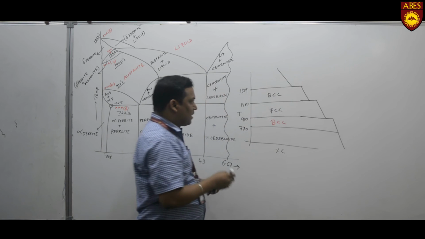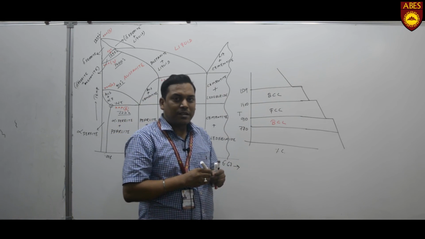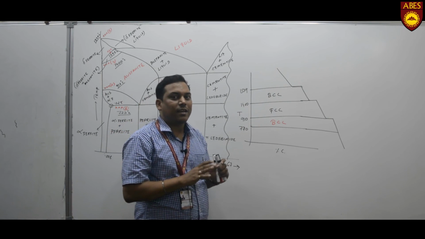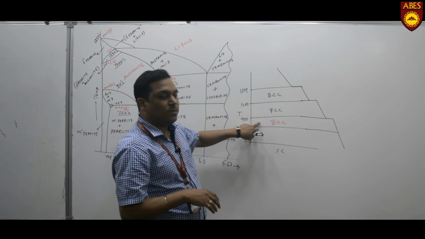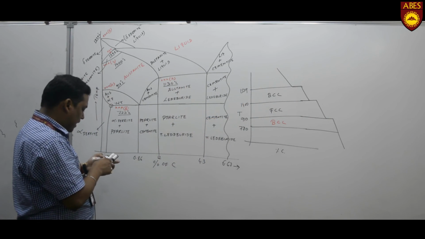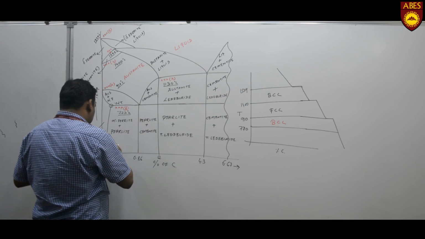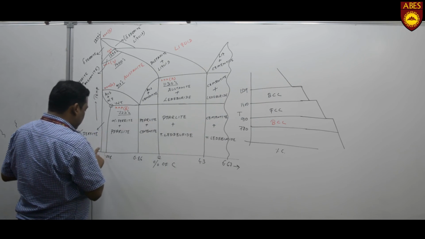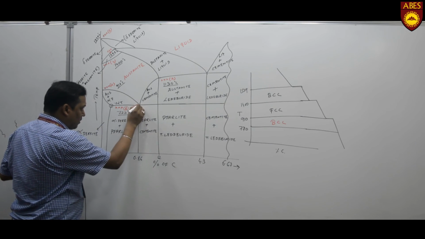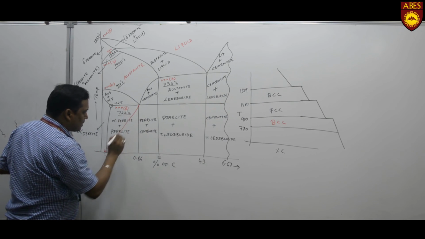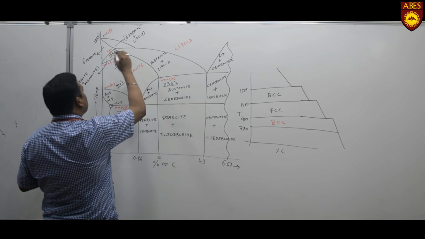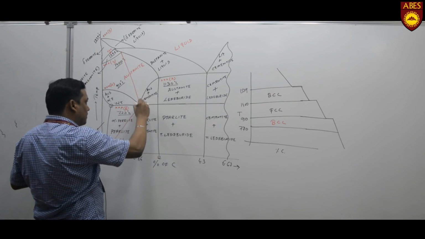After 1539 degrees centigrade, when the metal is heated, the metal melts and no structure is stabilized at that time. So first of all, this is BCC, next is FCC, then again BCC. In this formation, we can write it that way. If we take the temperature as 723 degrees centigrade, below this we can draw the structure, this is the BCC, then again at 1400 degrees centigrade, that type.